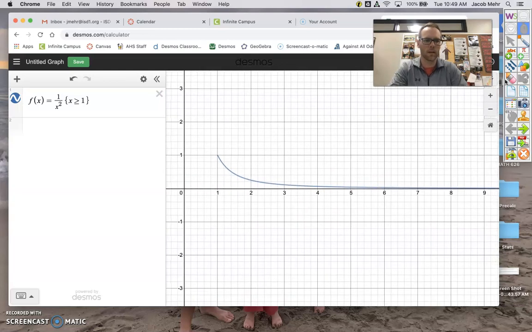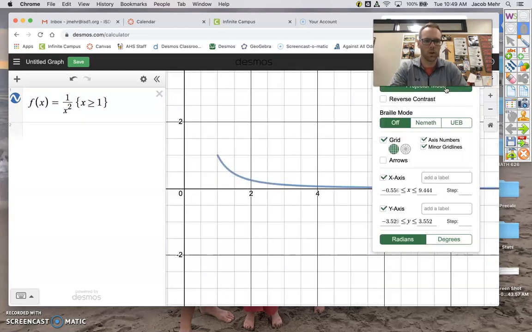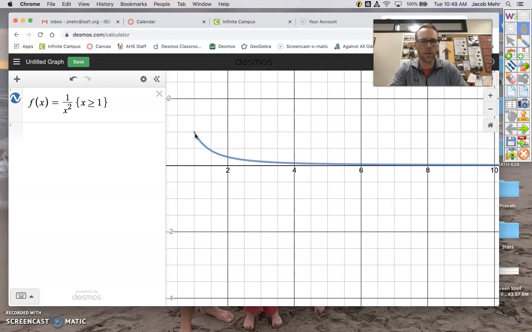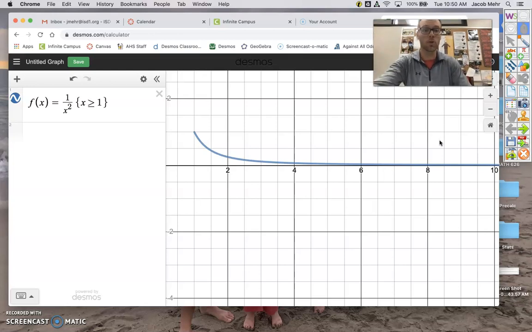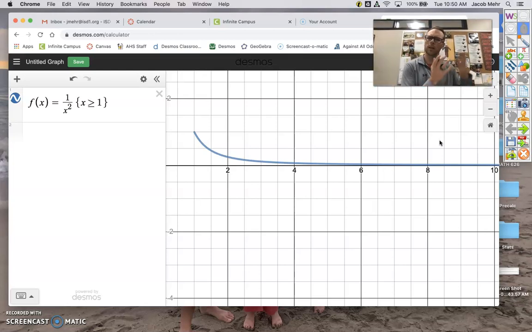Take a look at this. We're saying the area under this curve from 1 to infinity is exactly 1. That's kind of mind-blowing, but it's true. I mean, we just showed it was true. We took the limit as we were putting these t's in, as t goes to infinity, and it approaches 1.